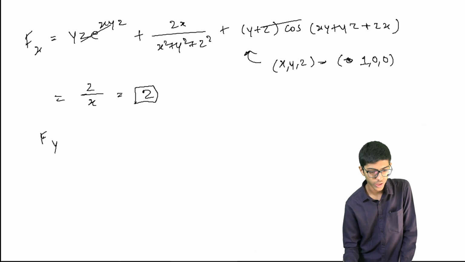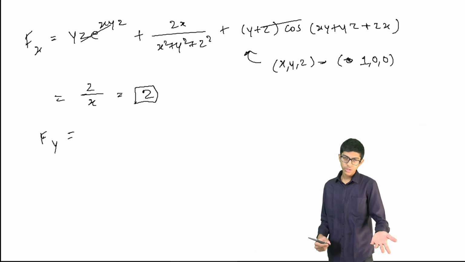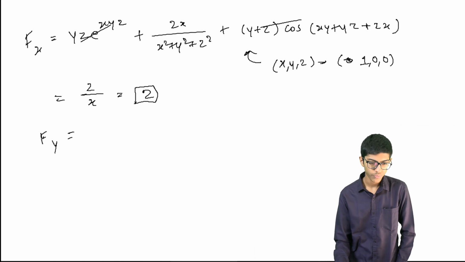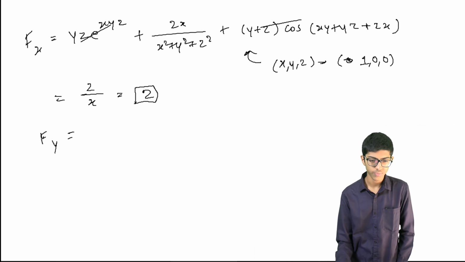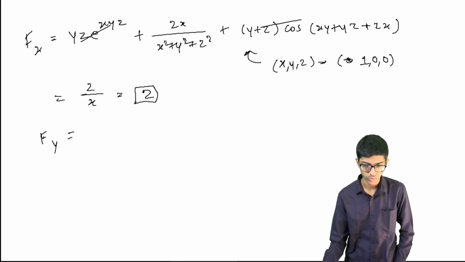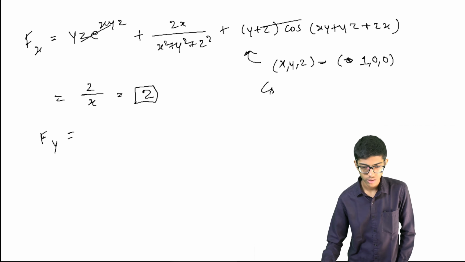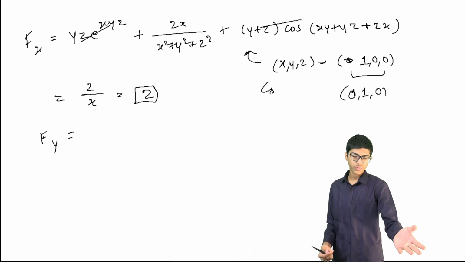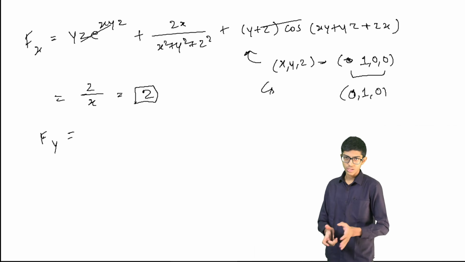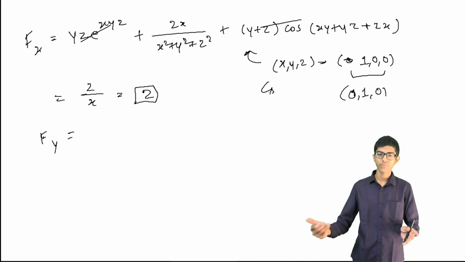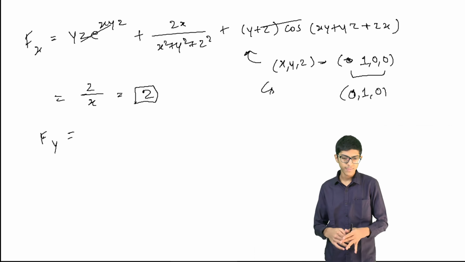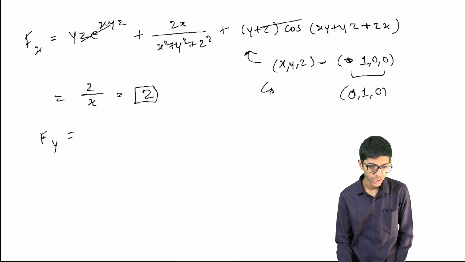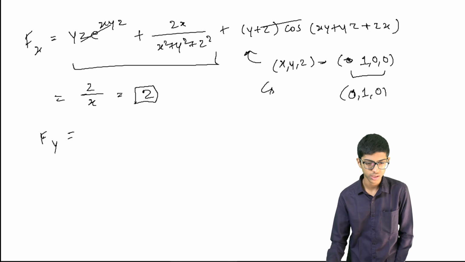Now in order to find f of y, we may substitute x, y and z by y, z and x in this whole equation, or we may change these variables to 0, 1, 0, since this was with respect to x, so we had x equals 1, and now since we calculate with respect to y, we take y equals 1, and then again we substitute in the same equation.